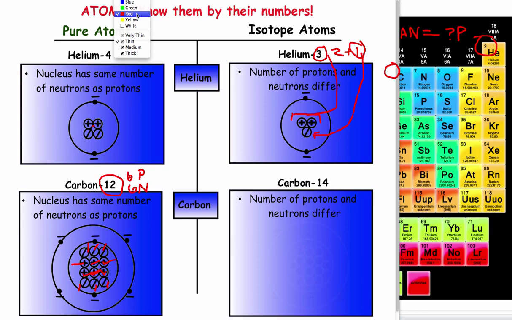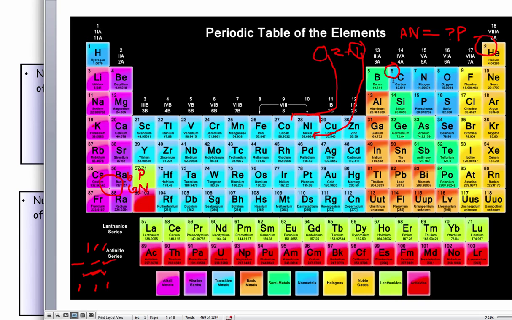How many protons will carbon-14 have? Well, again, let's come over here. We see that carbon has an atomic number of 6. And with an atomic number of 6, that tells me there are going to be 6 protons in carbon.